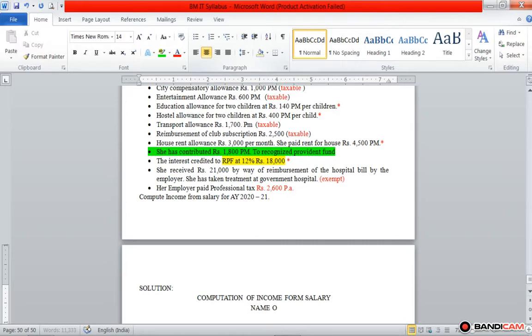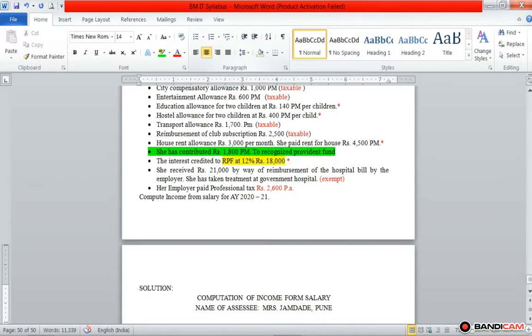Then name of the assessee is given, Mrs. Jamdade. City Pune.